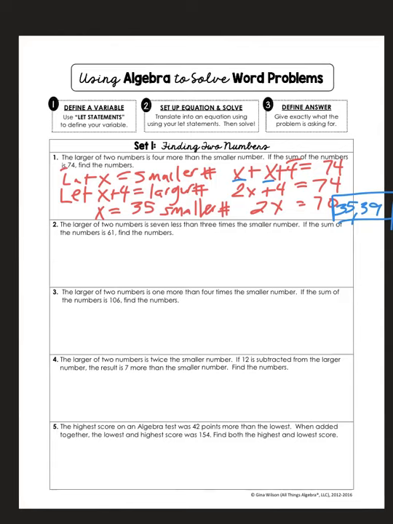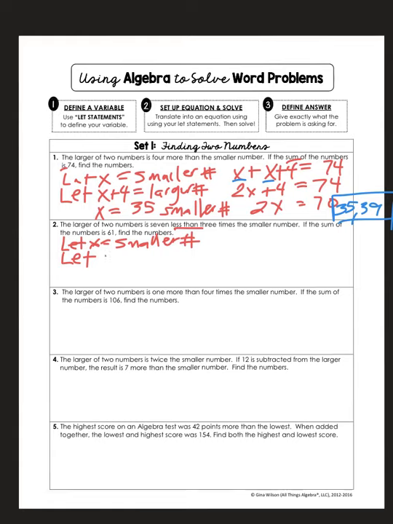Next question, number 2. The larger of 2 numbers is 7 less than 3 times the smaller number. Okay, so here's one of those tricky backwards word phrases, less than. All right. So 7 less than 3 times the smaller number. Let's go ahead and let x equal the smaller number. And then let's see, 7 less than 3 times the smaller number.